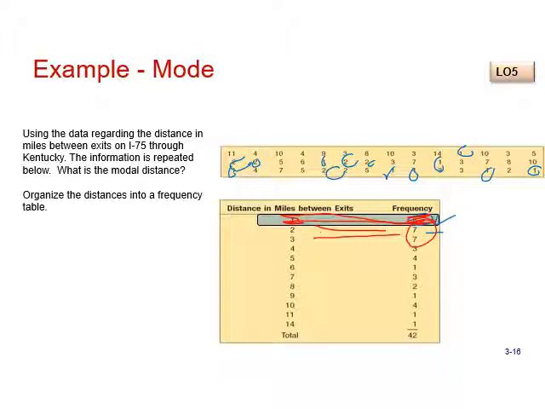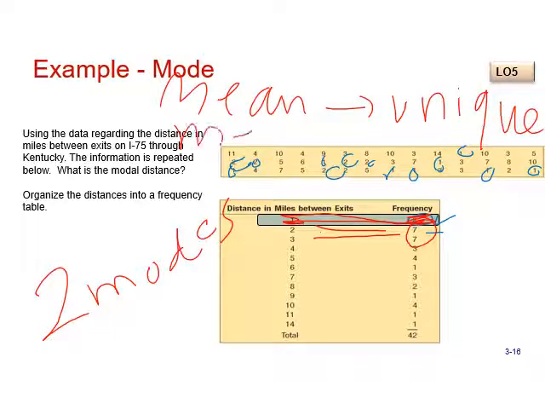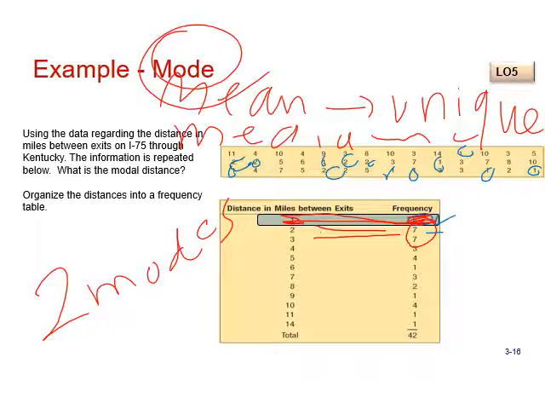In this case, we have 2 modes. This means that the mean is unique and the median is unique. Only one mean, only one median, but we can have more than one mode. We can have 2 modes, or 3 modes. It depends on how frequent the numbers are.